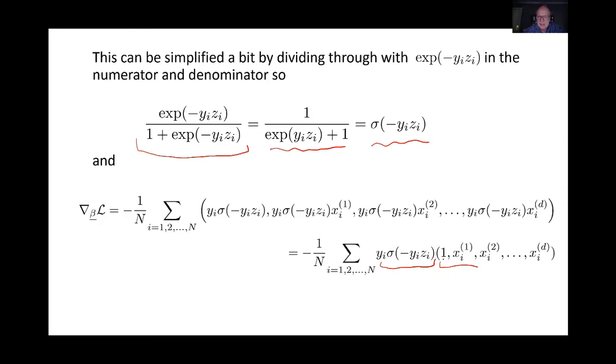So it's just computing this term here, and then multiplying that onto the data vector with this 1 added in here, and then averaging over these things. So that's the gradient of this loss function. So it looks pretty scary, but in reality, it's not so bad. Not so bad at all.